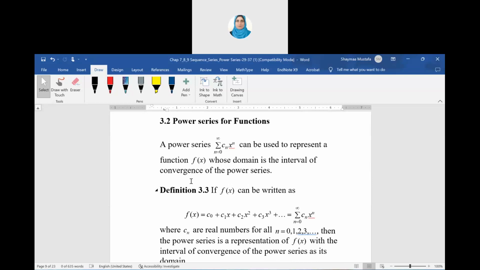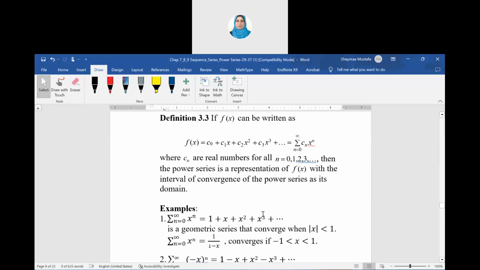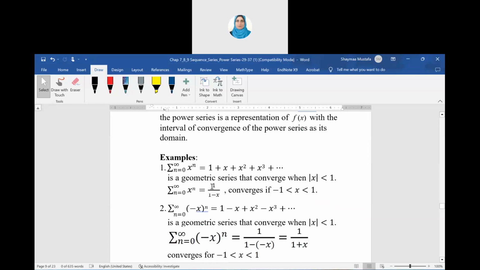As we said before, when I write the function as a power series, then I can easily find the integration of the function and the derivative of the function with respect to x, because we can easily integrate and differentiate these terms. For example, the function 1 over 1 minus x can be written as the series 1 plus x plus x squared plus x cubed and so on.